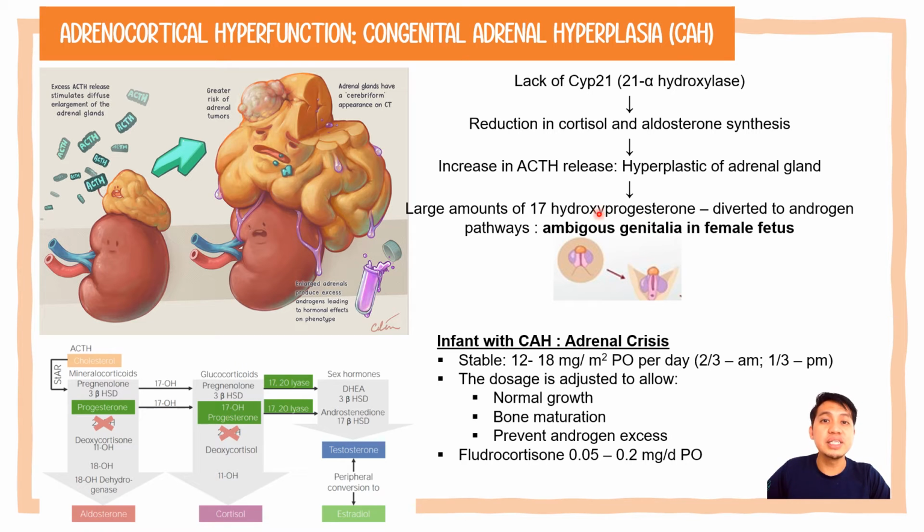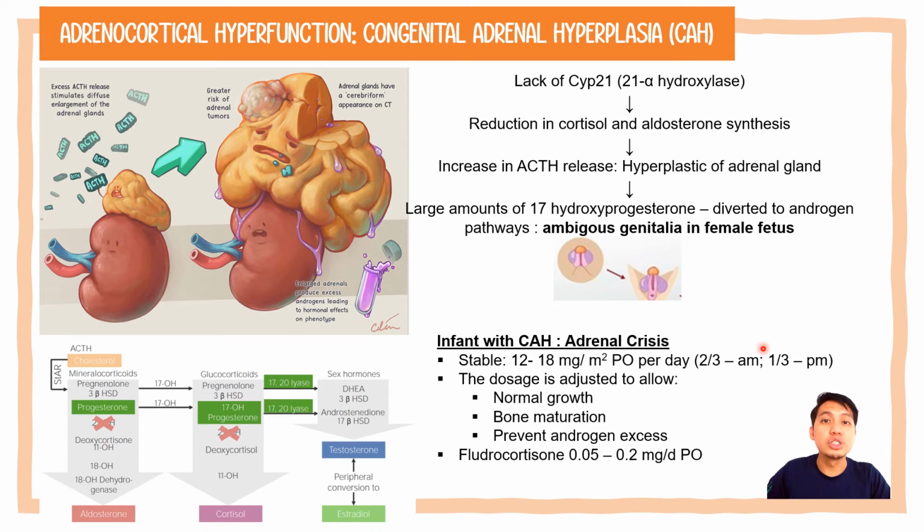Infants with congenital adrenal hyperplasia may be in acute adrenal crisis and should be treated as mentioned before, using an appropriate electrolyte solution and an intravenous preparation of hydrocortisone in a stress dose. Once the patient is stabilized, oral hydrocortisone is given at about 12 to 18 mg per meter squared per day in 2 divided doses, 2/3 in the early morning and another 1/3 in the late afternoon.